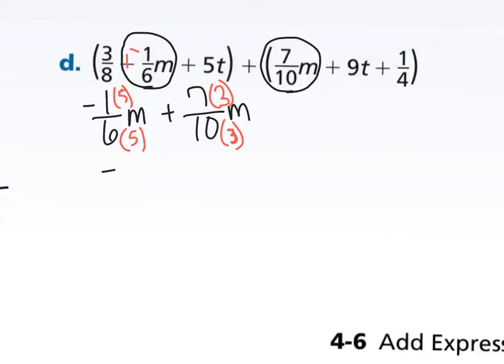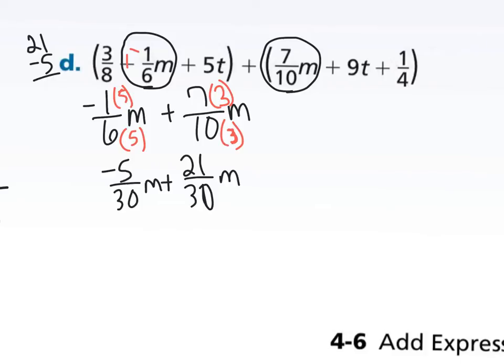So that would be a negative 5/30 M and 21/30 M. These are working against each other because one's positive, one's negative. So we would be subtracting those. So if we do 21 minus 5, whoops, that should be a 30, not a 31. That would be 16. We have more positives, so that would be 16/30 M.